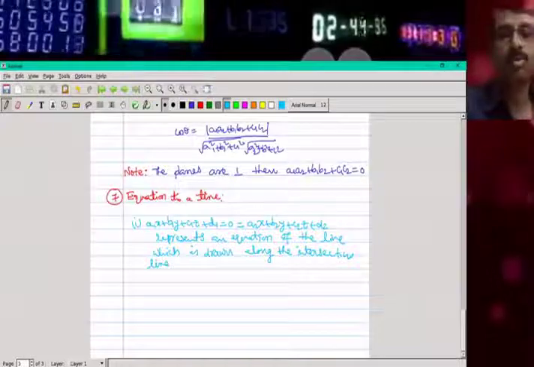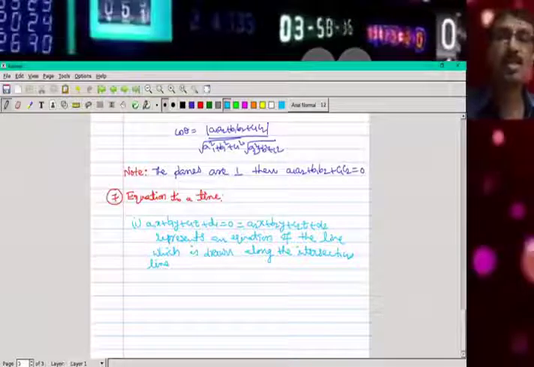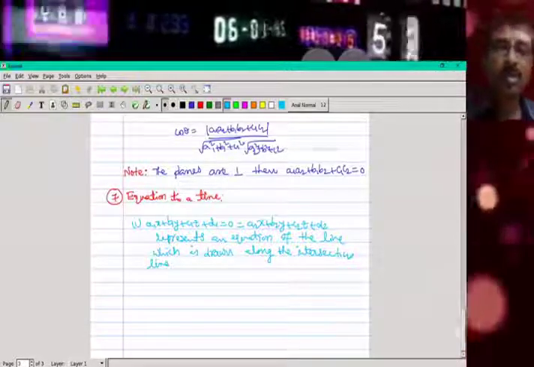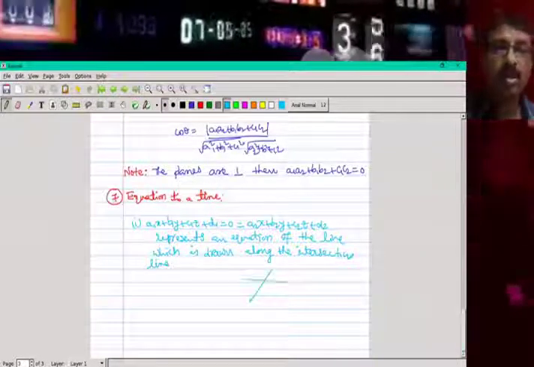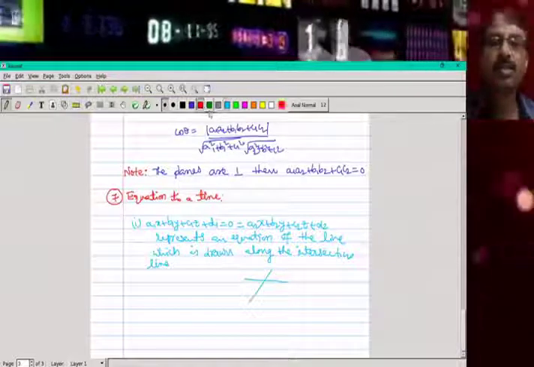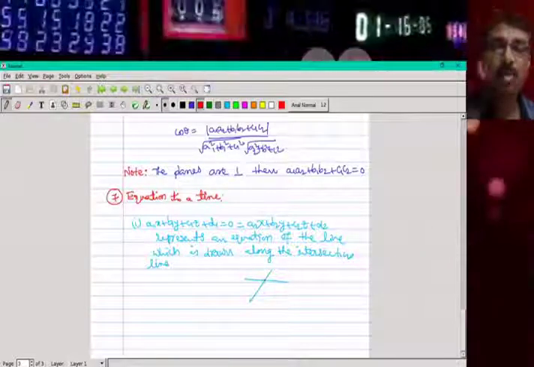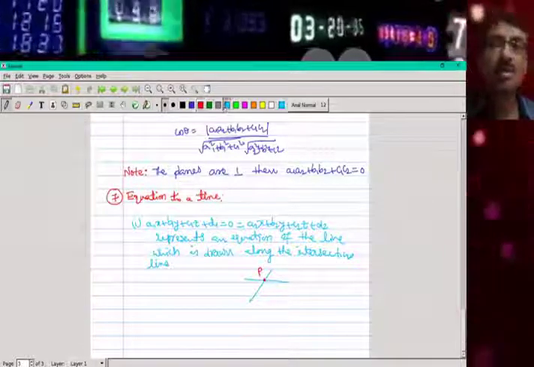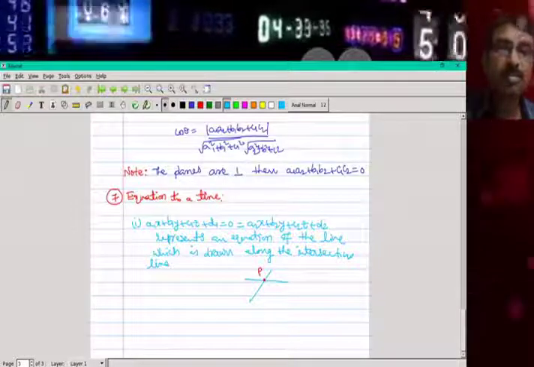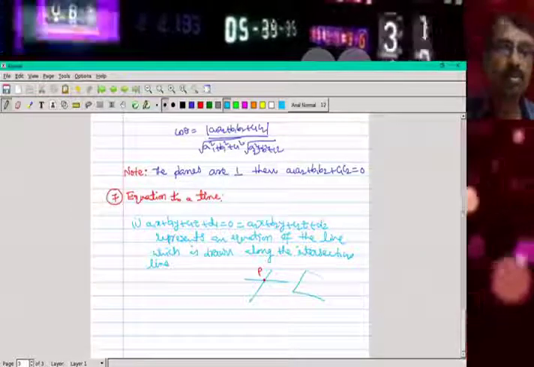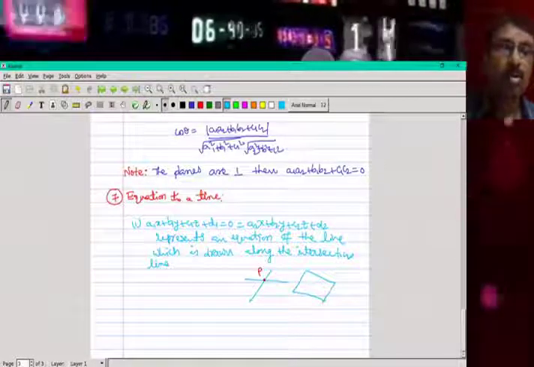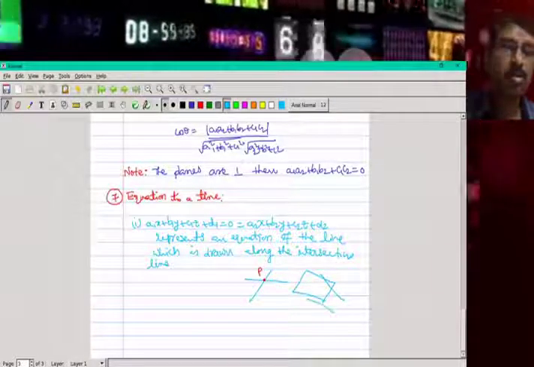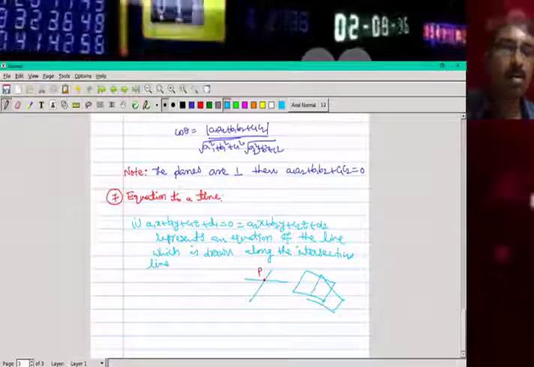If two or more planes intersect each other, they intersect along a line, just like in two-dimensional or three-dimensional geometry, if lines intersect, they intersect at a common point, say P. Similarly, if two planes intersect, they intersect in a line.